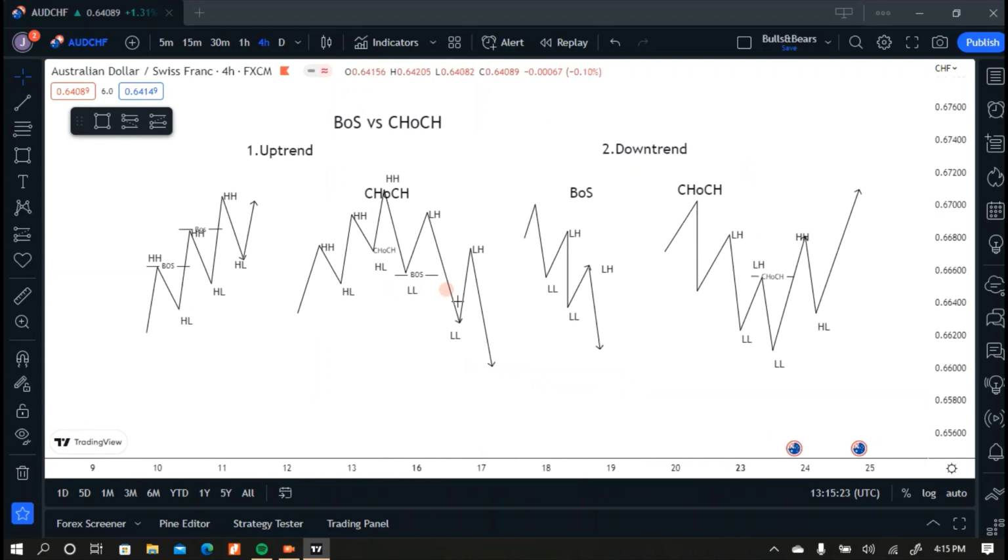There's this thing called weak and strong market structure. How do we define weak and strong market structure?